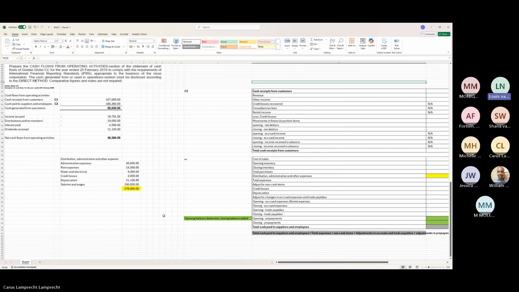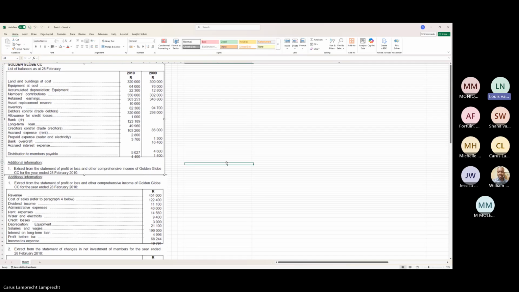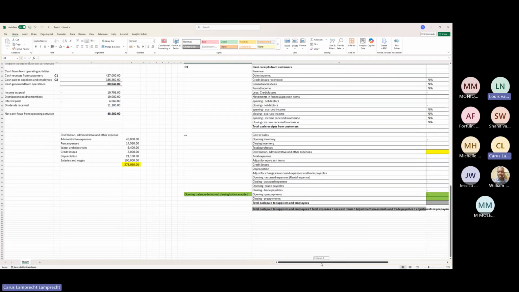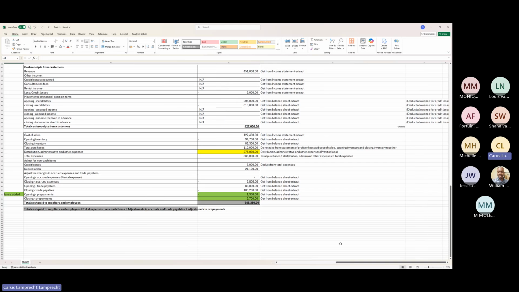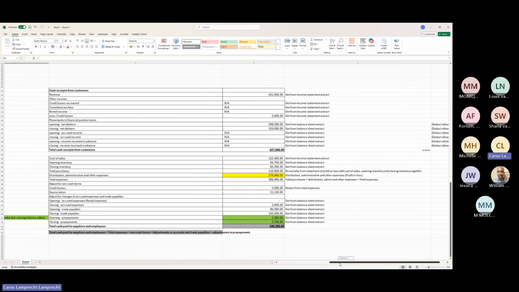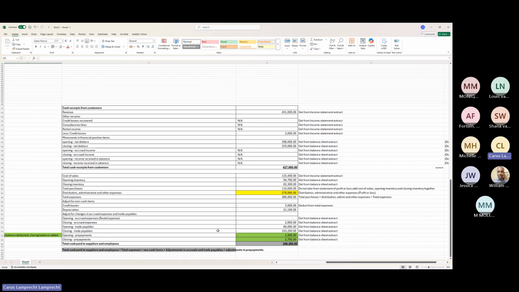I will also share the indirect template, similar to yours, with us. That would be nice, yes. I hope it makes sense. It is a bit overwhelming initially, but I've practiced it a lot, so it gets easier the more you practice this method.